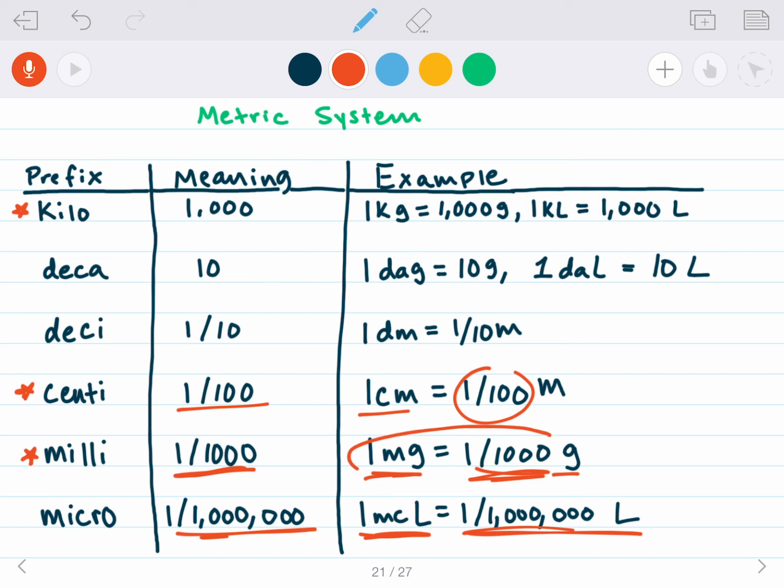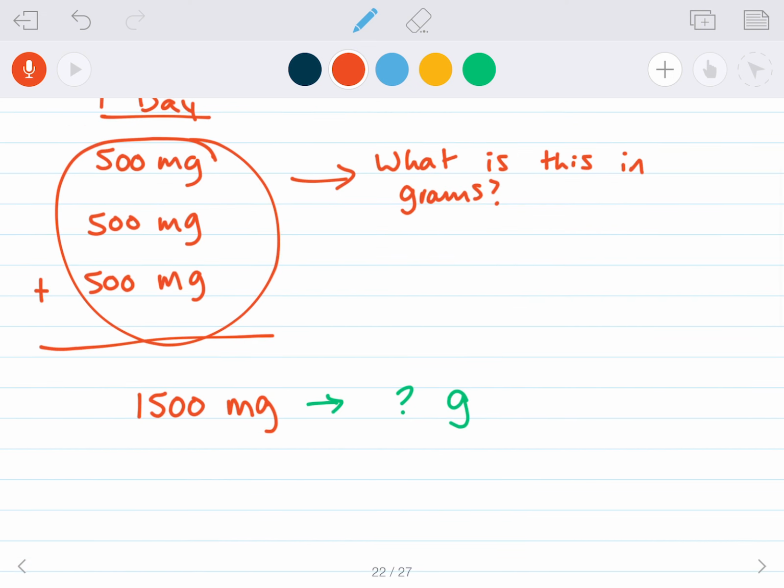Well, we have this conversion right here. 1 milligram is 1 over 1,000th of a gram. So how do I figure out how many grams this is?